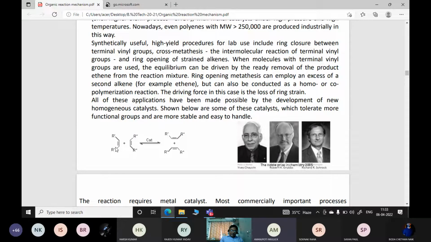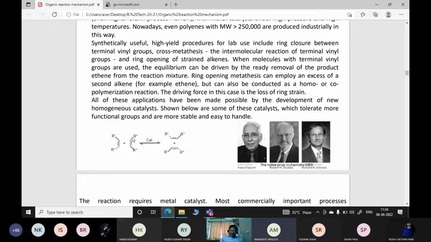This is one alkene with substituents R' and R', and this is another alkene with R'' and R''. R' might be methyl, ethyl, phenyl, or benzyl, and R2 is also the same. If it is methyl, then it will be ethyl; it might be isopropyl. So these are simple alkyl substituents.